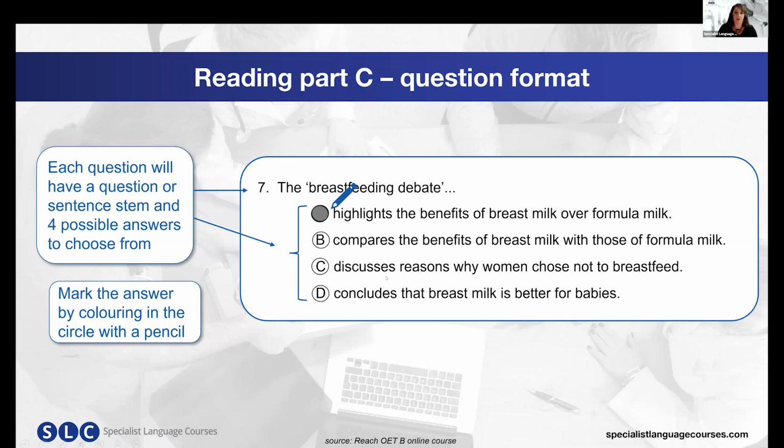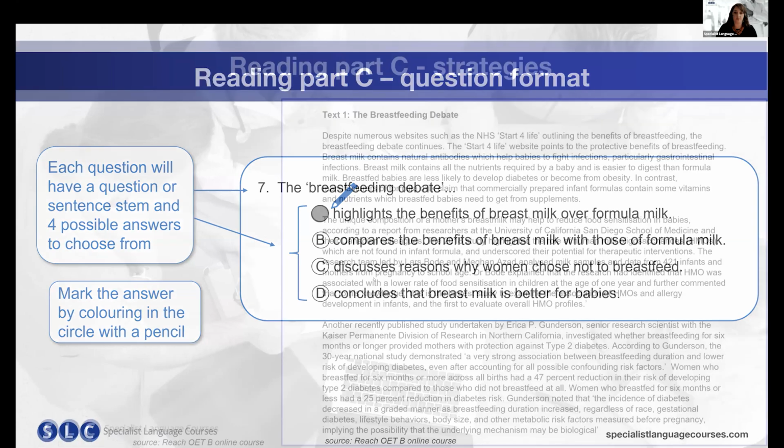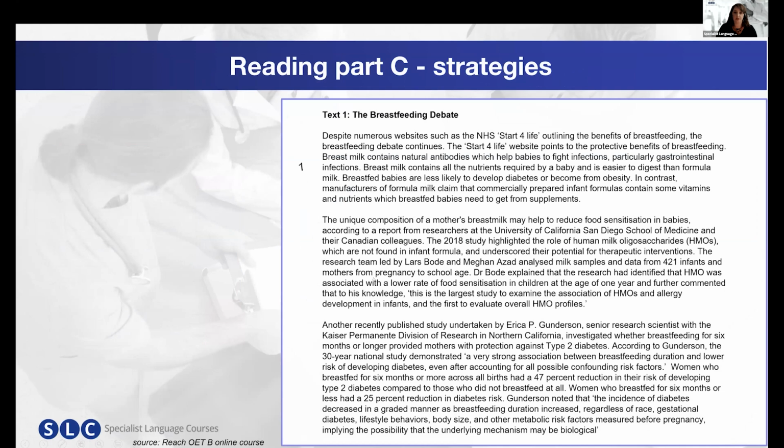So let's look at some strategies. The first strategy: it's advisable and a good idea to skim read the text quickly. Now, we need to emphasize this idea of quickly because you don't have that much time to spend on reading the whole text in detail before you answer the questions.